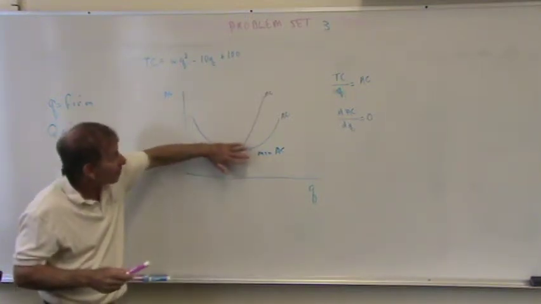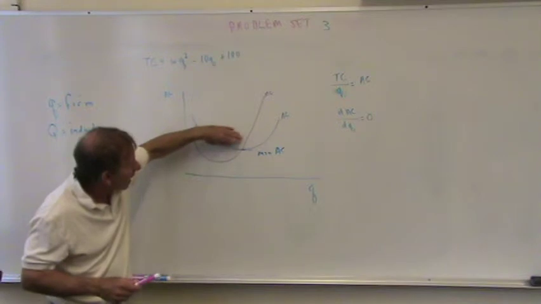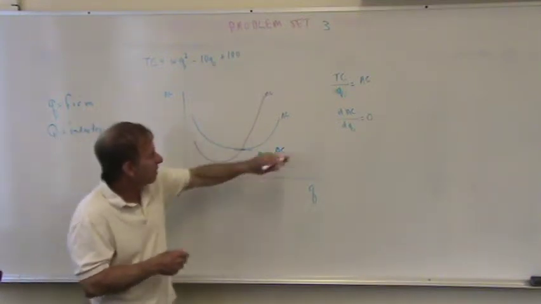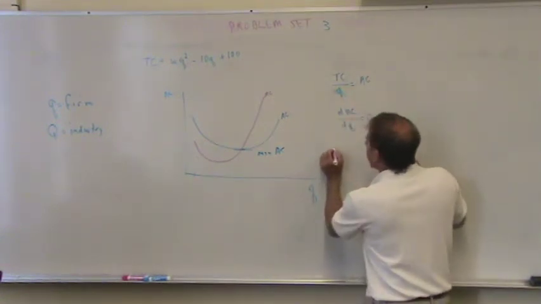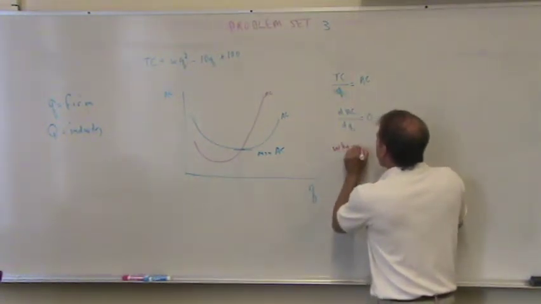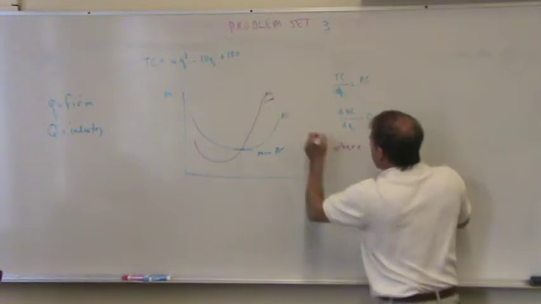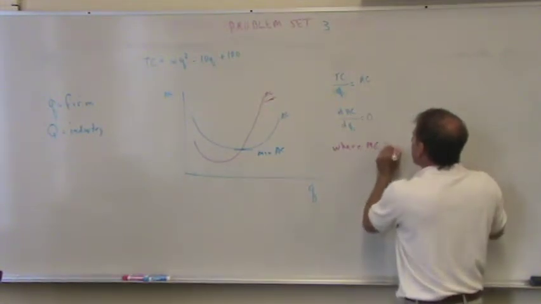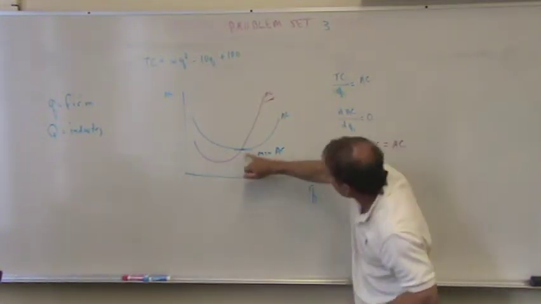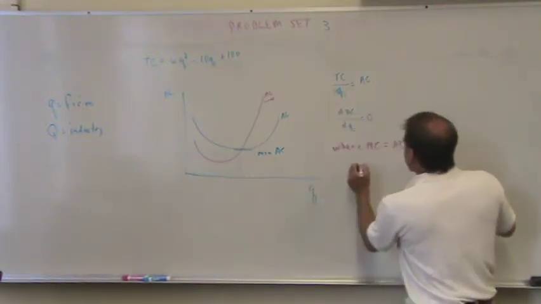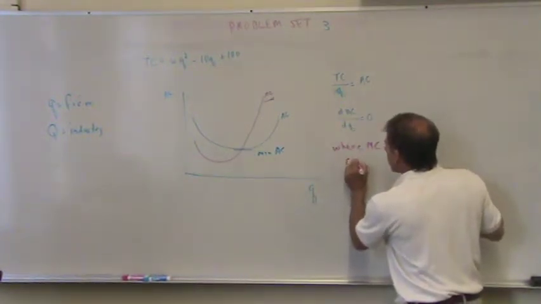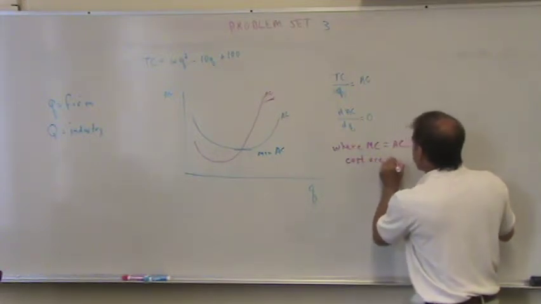So if you're looking for the minimum point of the average cost curve, you can use this formula, or you can say it's the point where MC is equal to AC. There's only one point where MC and AC are equal, and that's the minimum point of the average cost curve. This is where costs are minimized.